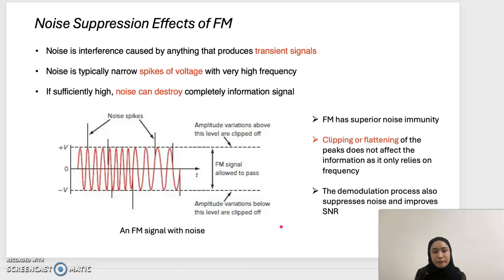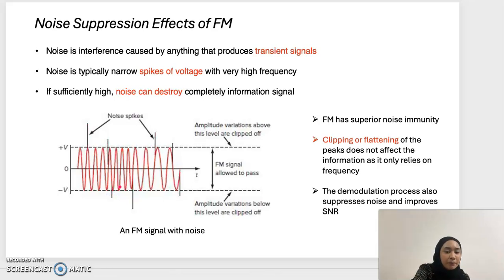So remember that FM is supposed to have a constant amplitude, right? Only the frequency should be varying. But for noise in FM, this noise is actually a spike out of the normal amplitude. So this is how it looks like.